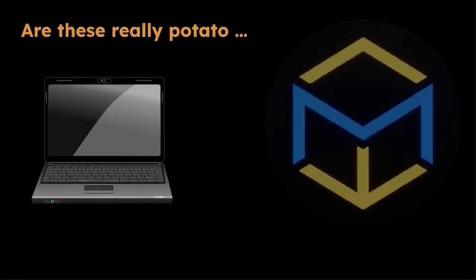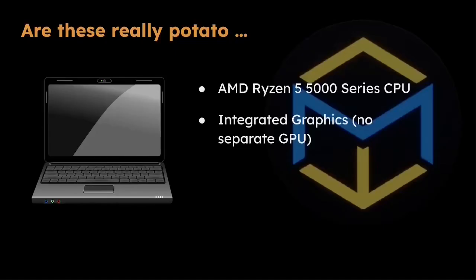It only has an AMD Ryzen 5 CPU and no separate GPU, only the integrated graphics card, and only 8 gigs of RAM. So I tested 6 open source text-to-speech models to run them on my local laptop, and I will show you the results so you don't have to go through all the hassle of testing them out before selecting one for your project.